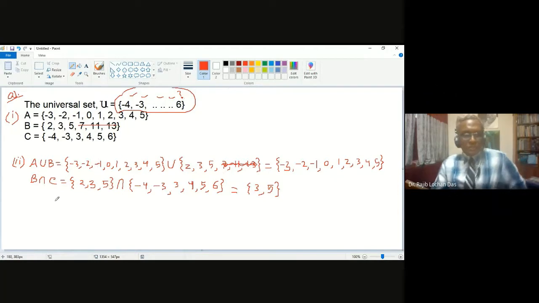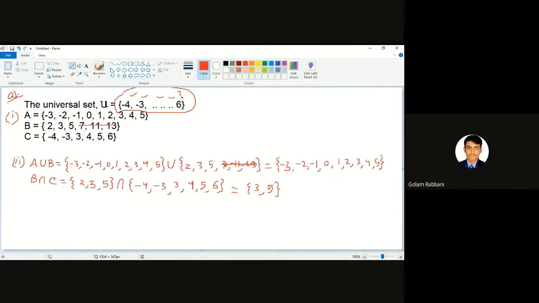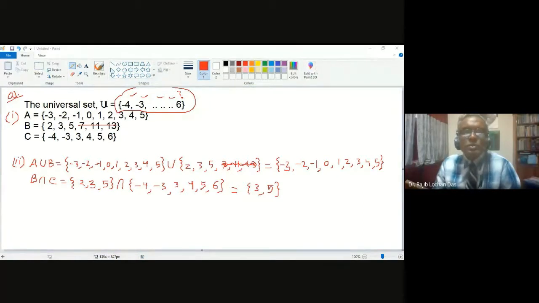So what is the next? C minus A. Good, so let me write it again. This is C minus A, and it is the exclusion. Now just write the C elements first, and then the A elements second.